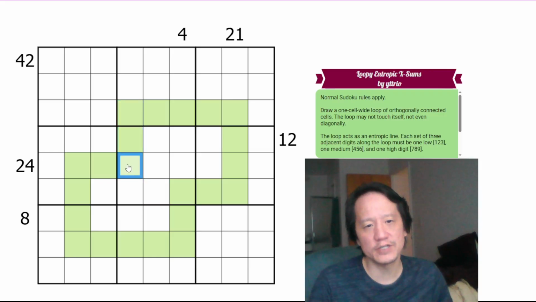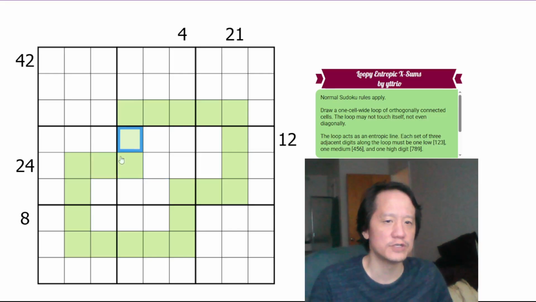And they cannot be touching diagonally with any other cell on the loop, aside from the 2 cells it shares an edge with.